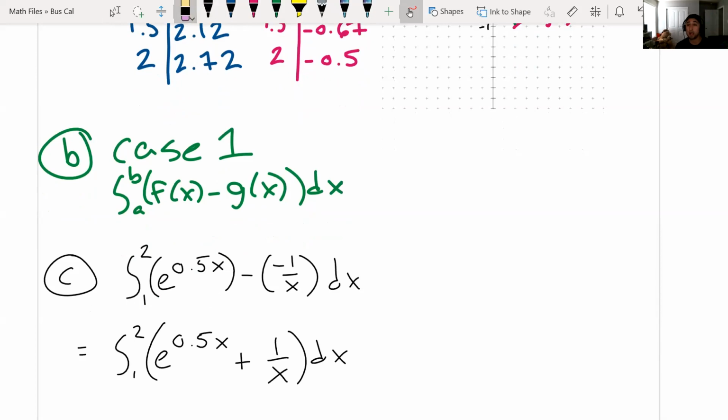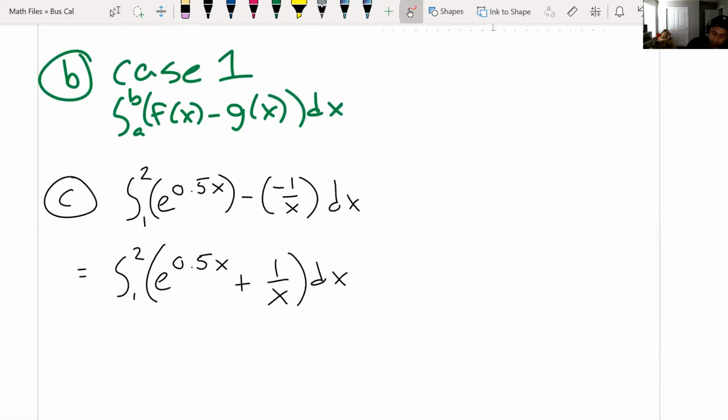Okay, we're now ready for the antiderivative. This first term uses that new rule we learned, which means the antiderivative of e to the 0.5x is going to be 1 over 0.5 times e to the 0.5x, plus the antiderivative of 1 over x, which uses a rule we know already, the natural log.